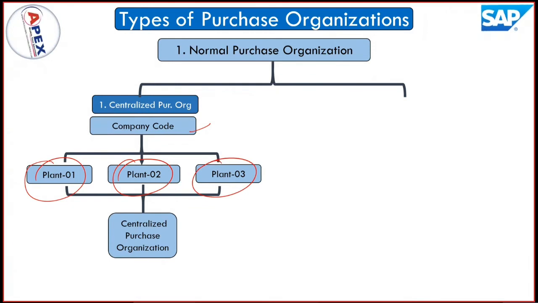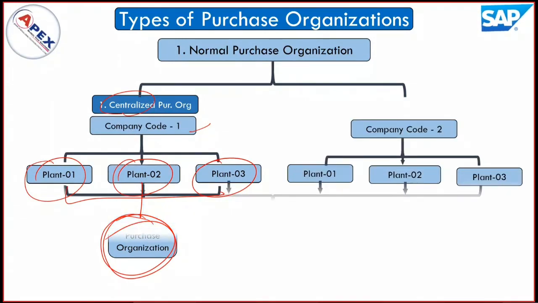In the previous slide, I showed you that for one plant we have two purchase organizations, and for plant two we have two purchase organizations. Centralized purchase organization is where we have one purchase organization related to all the plants, where the purchasing activity is maintained centrally. That is called centralized purchase organization.